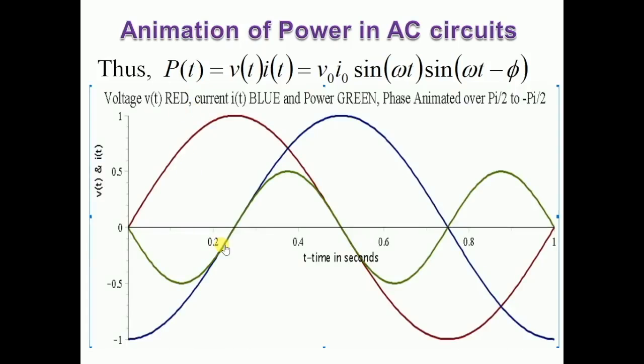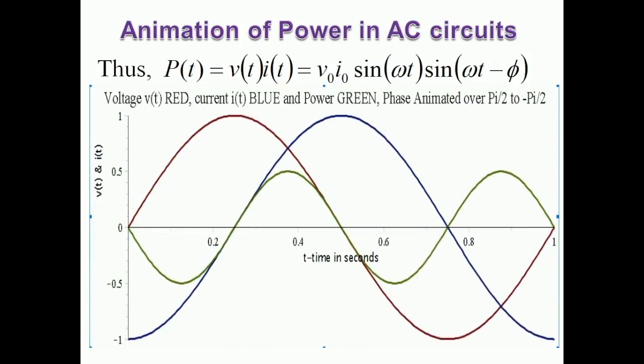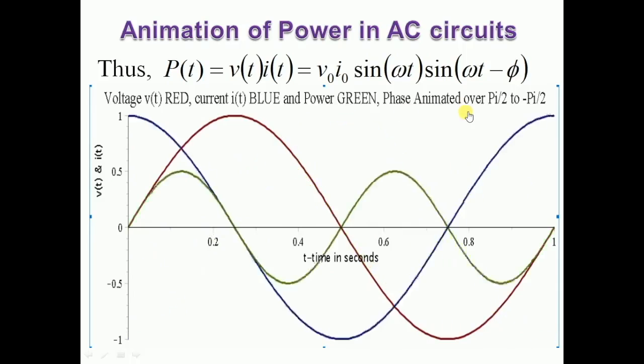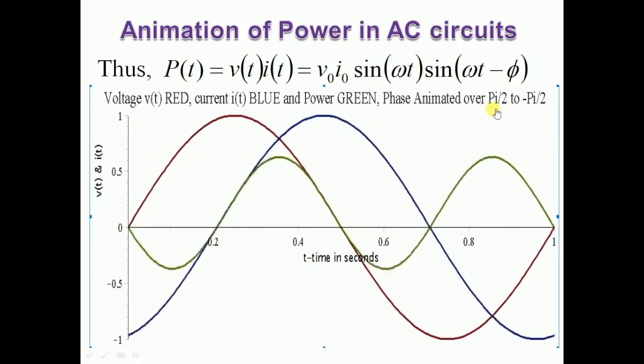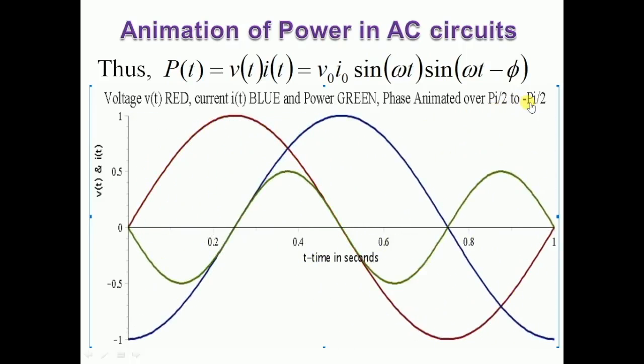Now we shall go through the animation here, and the animated part is the phase, and it is animated over plus pi by 2 to minus pi by 2. So as one rolls the phase angle, you can see how the graph of power goes.